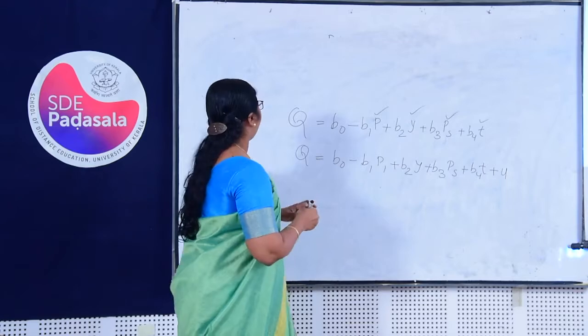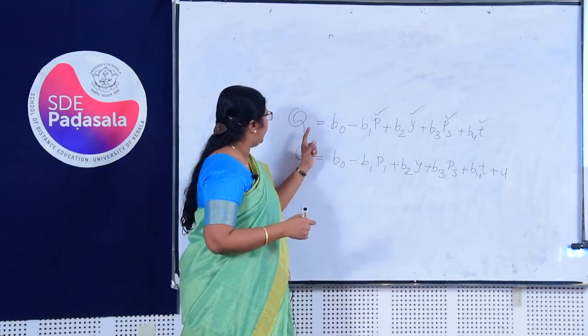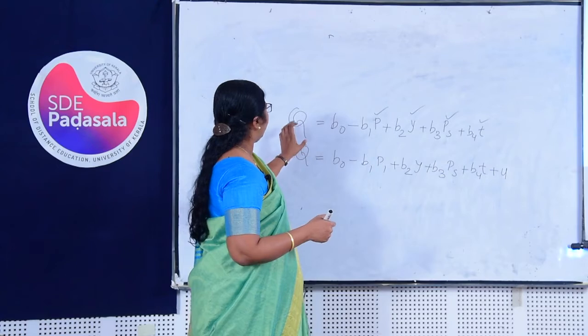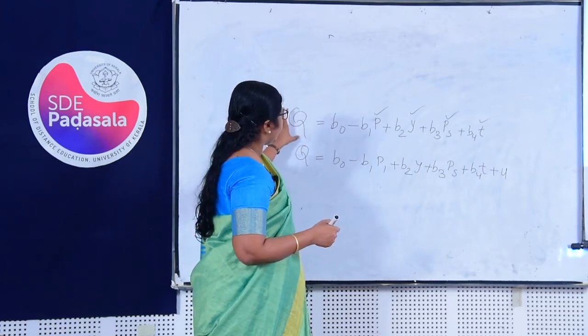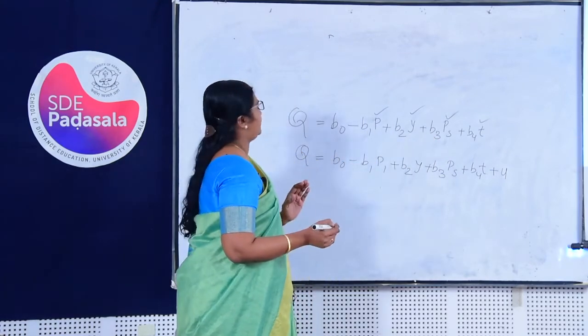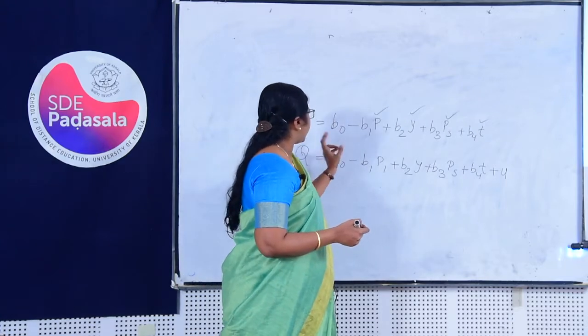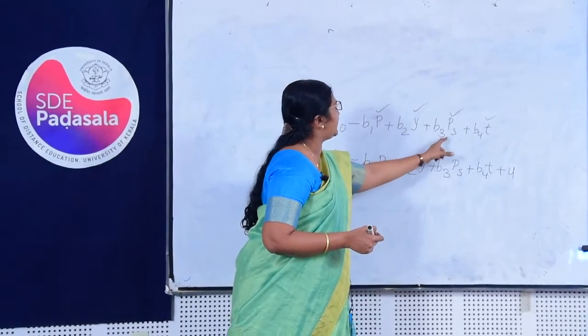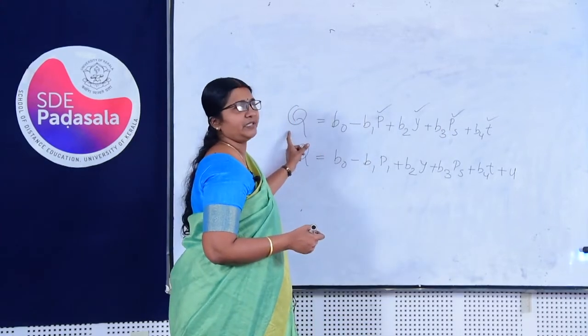What is the difference between a mathematical model and an econometric model? In the mathematical model, the relationship between the dependent variable and various independent variables is exact. That means only these independent variables influence the dependent variable.